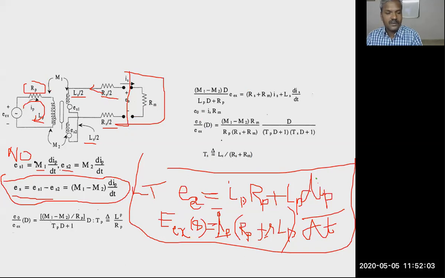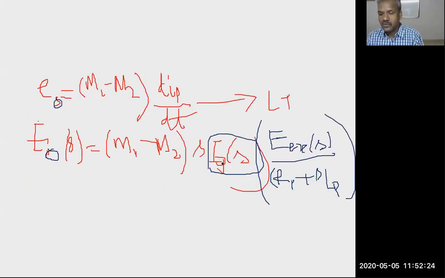So in the no load condition of the LVDT, the output is E naught of S by EX of S. According to the modeling procedure I already informed, to get the transfer function model, take the Laplace transform of the output to the Laplace transform of the input. So bring this EX to the left hand side.